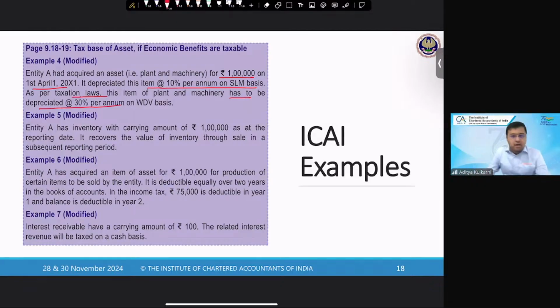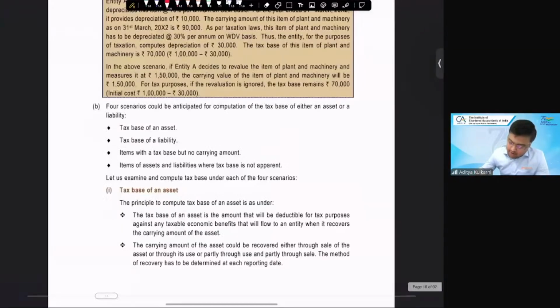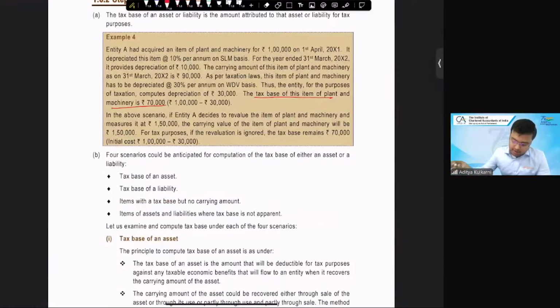So tell me, what will be your tax base for this? 70,000. Yes, because 1 lakh minus 30,000. So the tax base of this item is rupees 70,000.